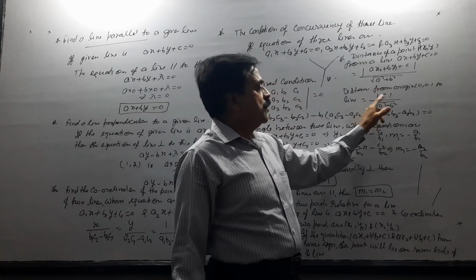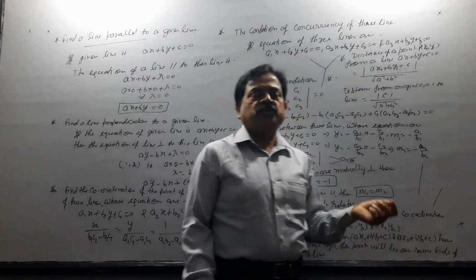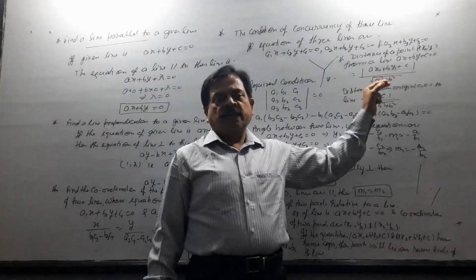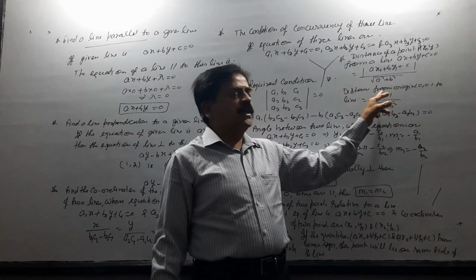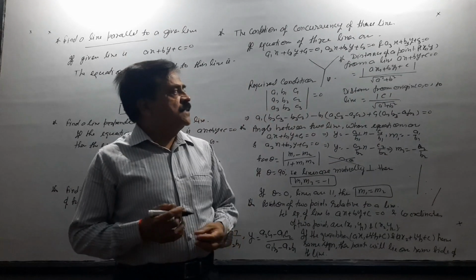So c upon root a square plus b square. Mod is used because distance is always positive. So if the sign of c is negative, then avoid that sign.